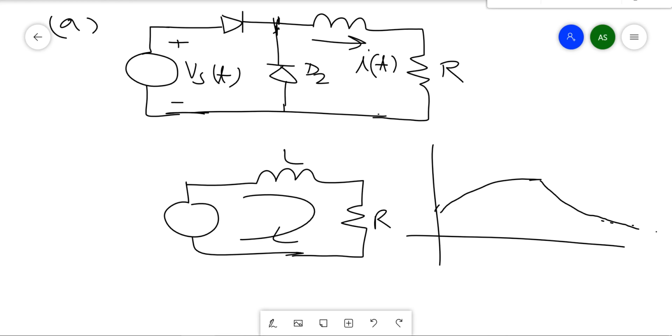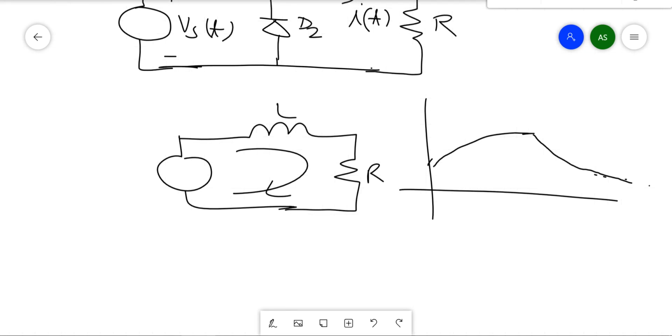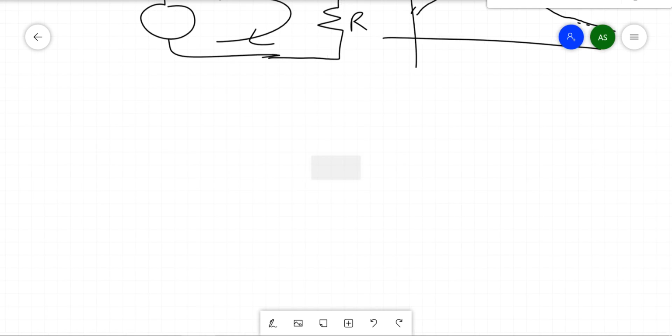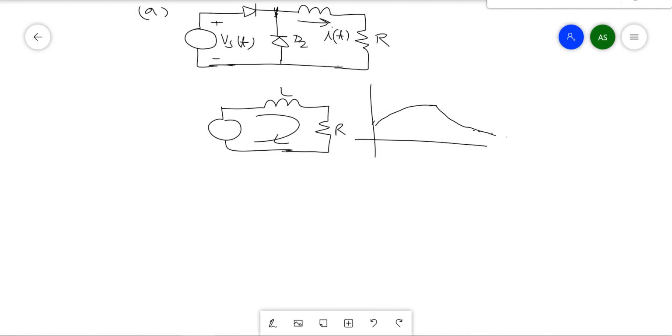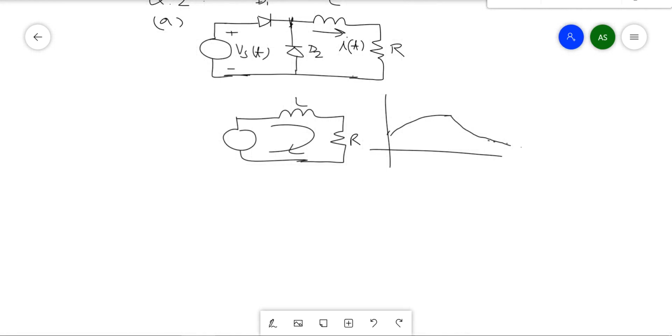So the equation of that current that is decreasing exponentially, this decaying current will be somewhat like this.